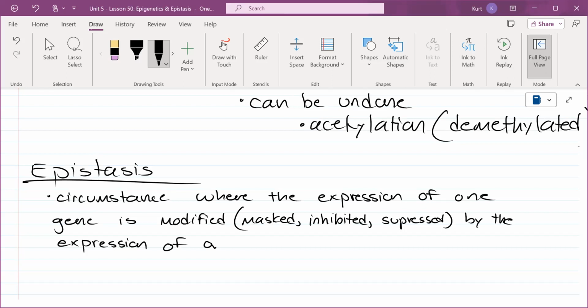That's kind of a complicated definition, so I'm going to shore that up a little bit.